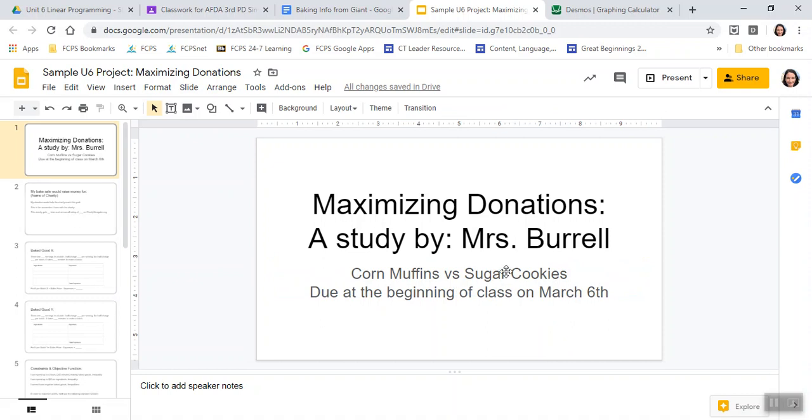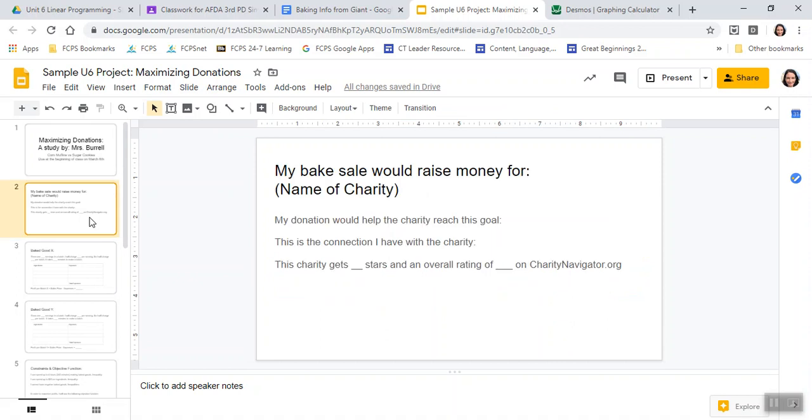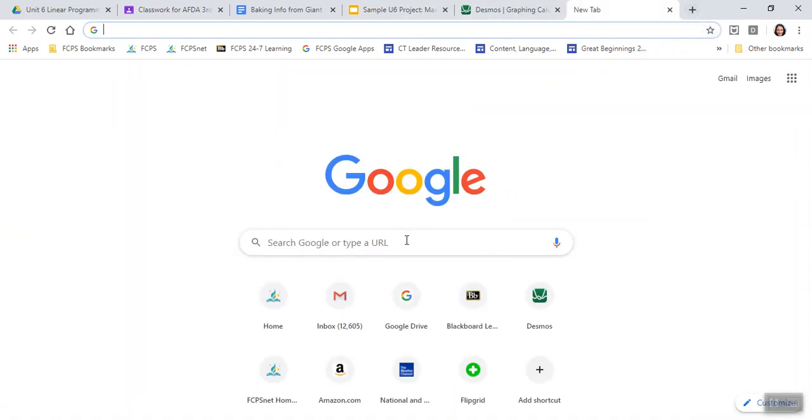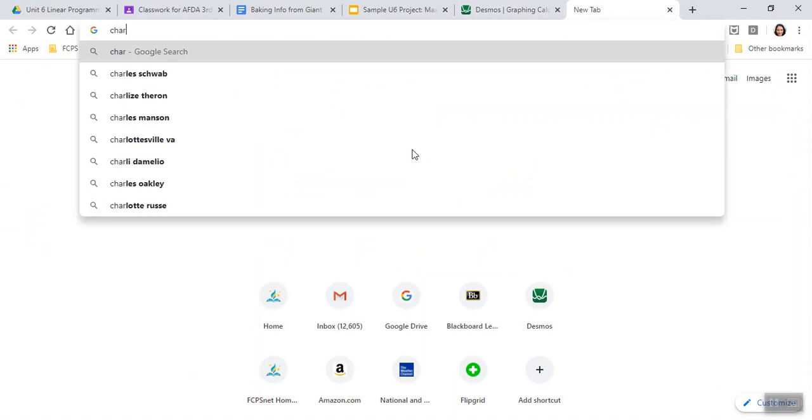Okay, so once you've decided what your 2 foods are, you can move on, and you're going to choose a charity. If you don't know the names of any charities, that's fine. You can figure it out. You can Google charities that help, and you could put whatever you like in here.